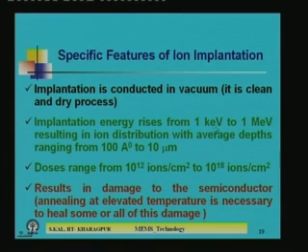Next point is that implantation energy ranges from 1 keV to 1 MeV, resulting in ion distribution with average depths ranging from 100 angstrom to 10 micron. You can get a 100 angstrom depth by controlling energy, which is not possible in case of diffusion. So with low energy ion implantation of the order of 1 keV, 2 keV, 5 keV, you can have a very shallow depth junction.